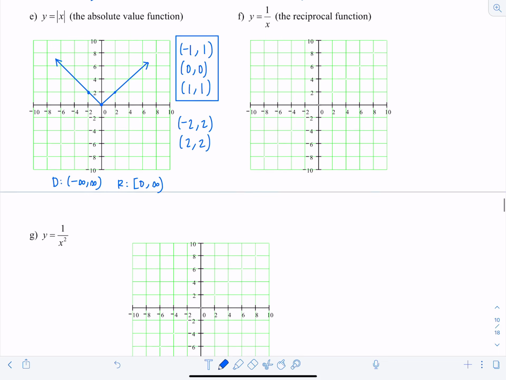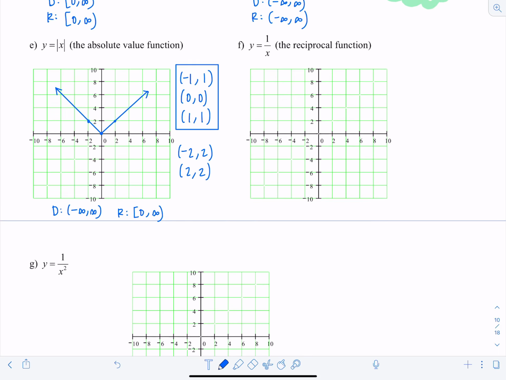Okay, good. Now, y equals 1 over x, the reciprocal function. When we do our unit on rational functions, we'll study this in more detail, but for now, just keep in mind the following. So we've got asymptotes on this graph. You should be familiar with asymptotes from when you studied trig.